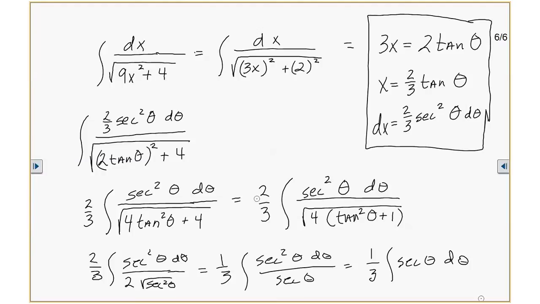Now the antiderivative of secant theta is the natural log of secant plus tangent.